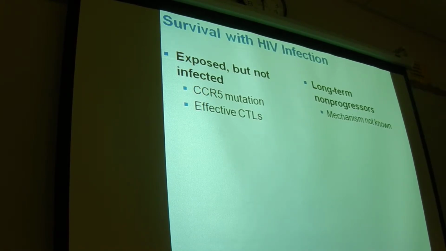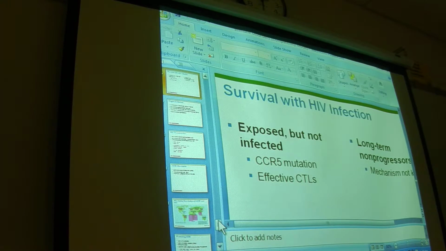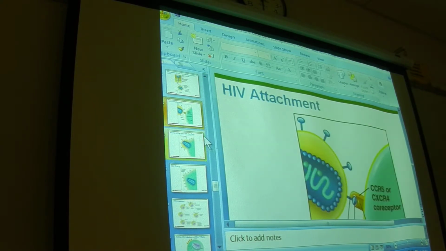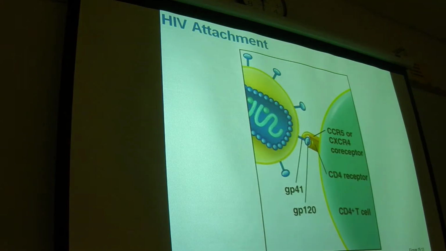So there are a subset of people that actually can be infected with HIV and never progress to full-blown AIDS. Okay? So one way is to have a mutation. If I can go back a few slides here. Okay.